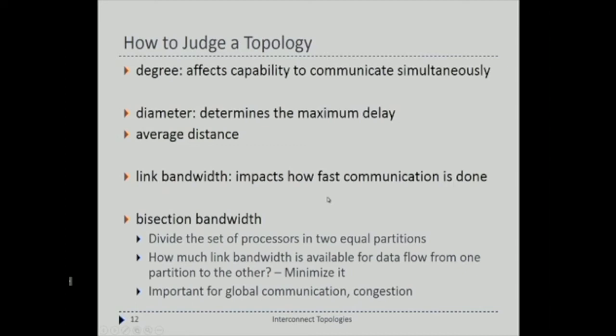There are many different ways of doing 2 equal partitions. Take the worst possible way of partitioning them from the point of view of the metric that's coming up. How much link bandwidth is available for data to flow from one half to the other half? How many links cross from one half to the other half? That's the bisection bandwidth, right?